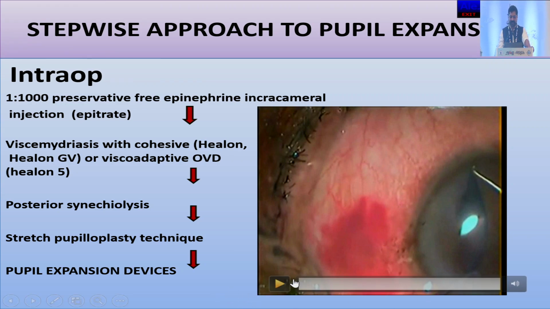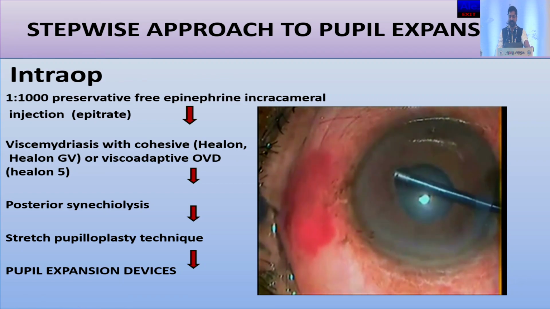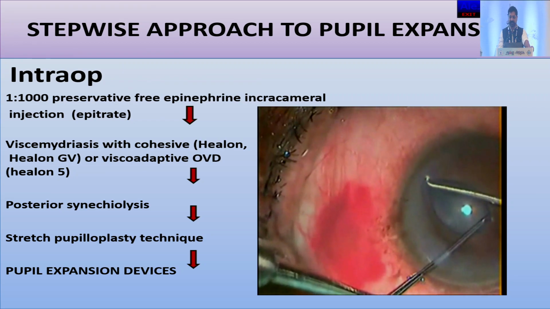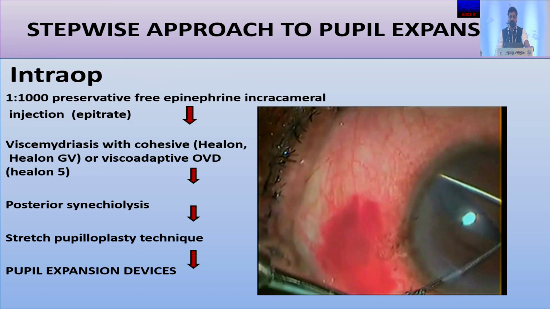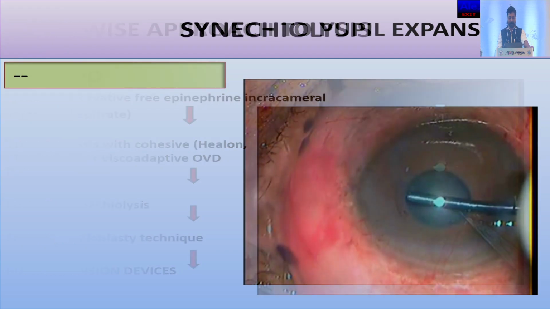You can see in this video, first I used the iris repositor to break the synechia, then we used Y hooks and stretched it perpendicular to each other, and that will help you to stretch the pupil, and it will definitely help you for the further procedure.